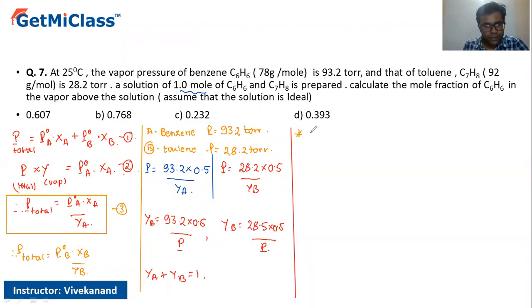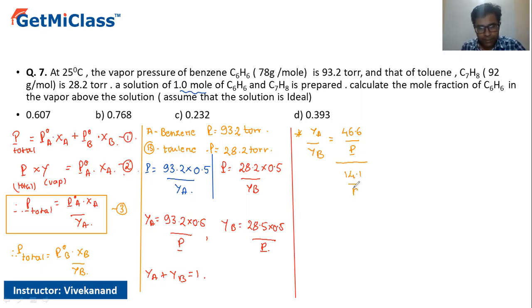Can we say for a moment that YA over YB, let's take this from here. So YA over YB: YA is 93 into 0.5, this multiplication gives me a value of 46.6, the whole thing divided by pressure P. This is divided by 28.5 into 0.5, which gives me 14.1, exactly half of 28, right?